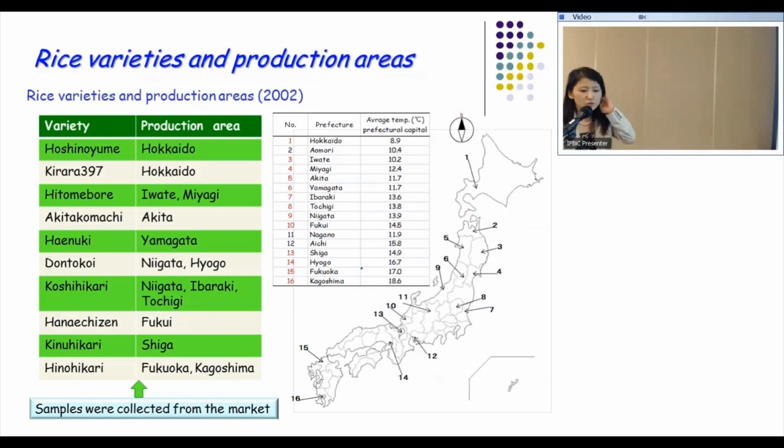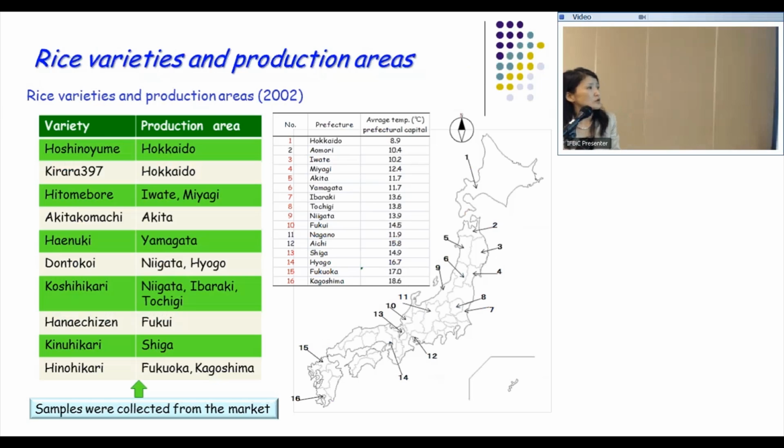And for soybean, we collected samples over a 4-year period. Since we Japanese consume a wide variety of soybean and rice harvested all through Japan, we collected many varieties of soy and rice.